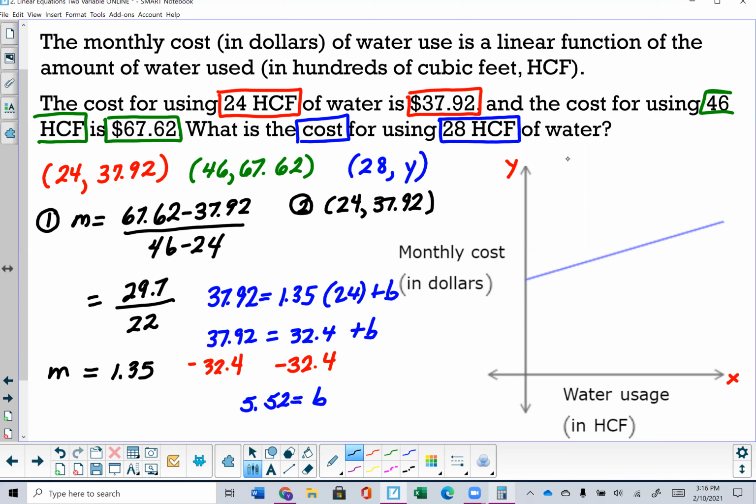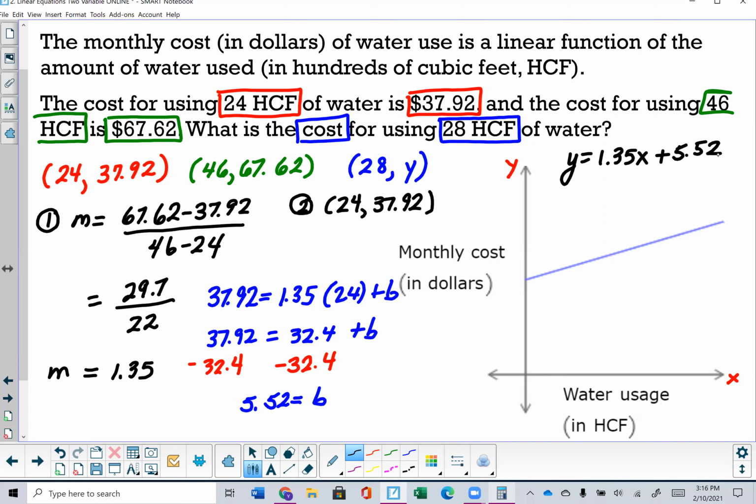So that means our equation of our line is y equals 1.35x plus 5.52. That's the equation of the graph of this line.